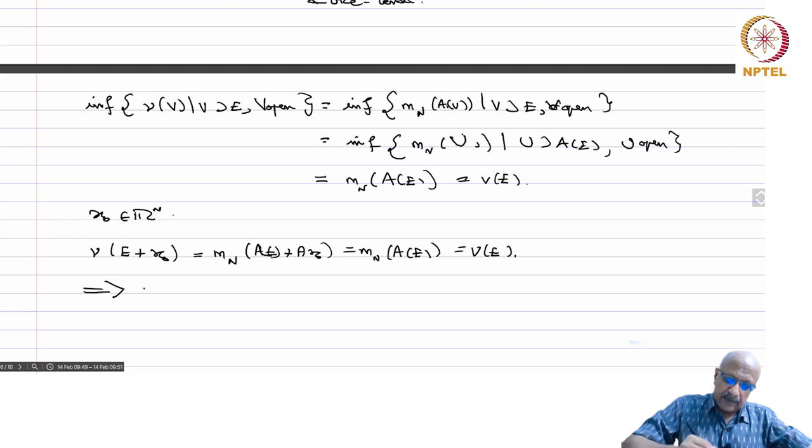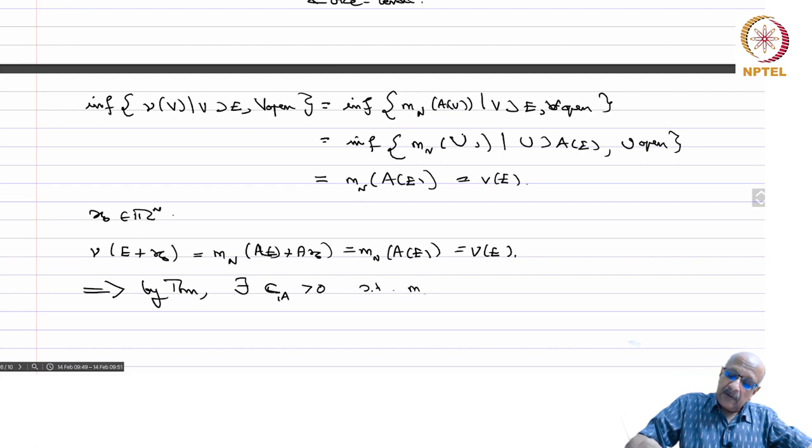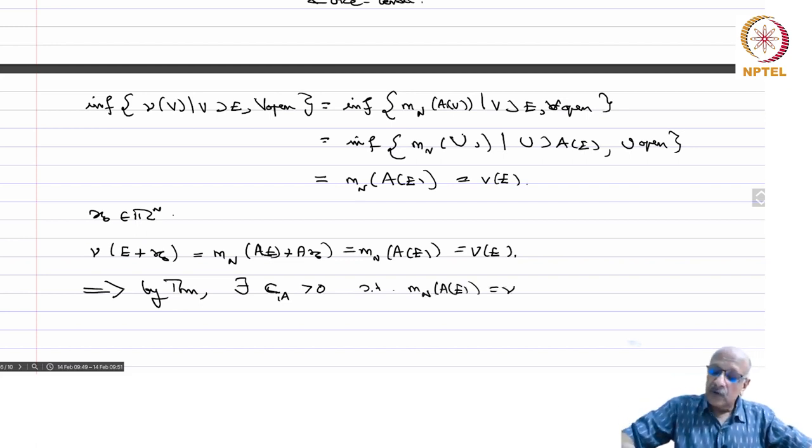Therefore, by the theorem, there exists a CA greater than 0 such that Mn of AE, which is nothing but nu of E, equals CA times Mn of E, for every E Borel.